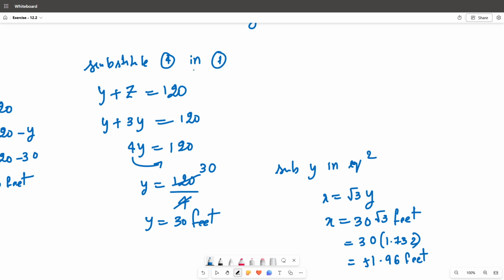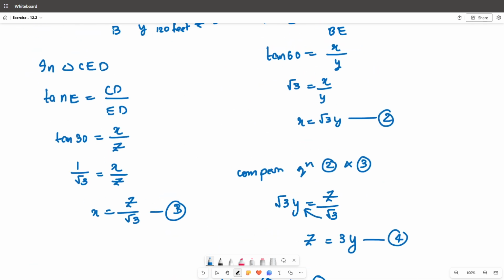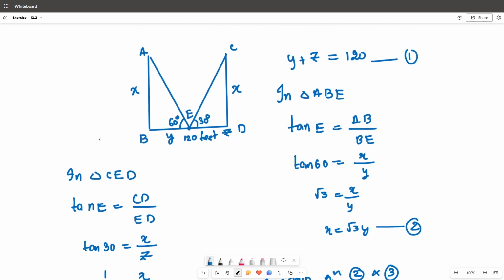That's it. So we first draw the diagram. We name what we want to find with some variables, that is x, y and z, and by simple calculations using tan and the equation y plus z equal to 120, we could figure out the height of the pole and the distances from the feet of the poles to the point.